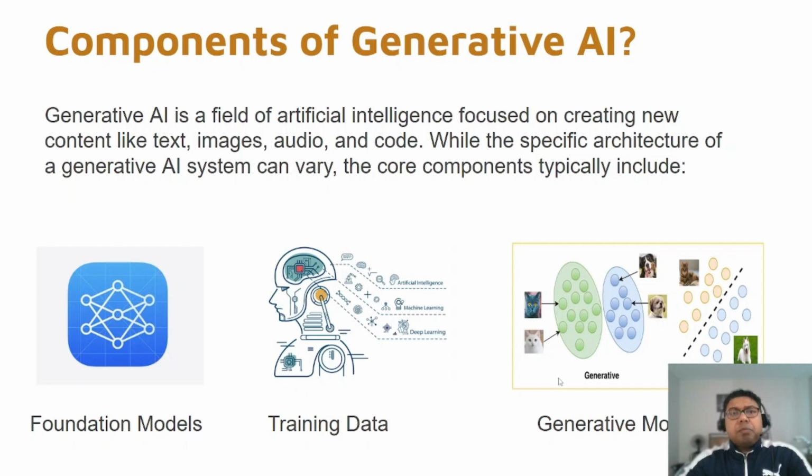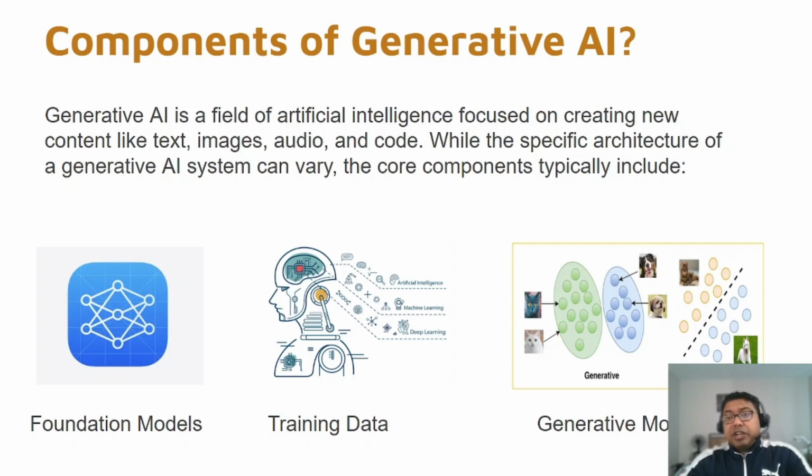Now, the components of generative AI. Generative AI is a field of artificial intelligence focused on creating new content like text, images, audio, and code. While the specific architecture of a generative AI system can vary, the core components typically include these. Number one, foundation models.